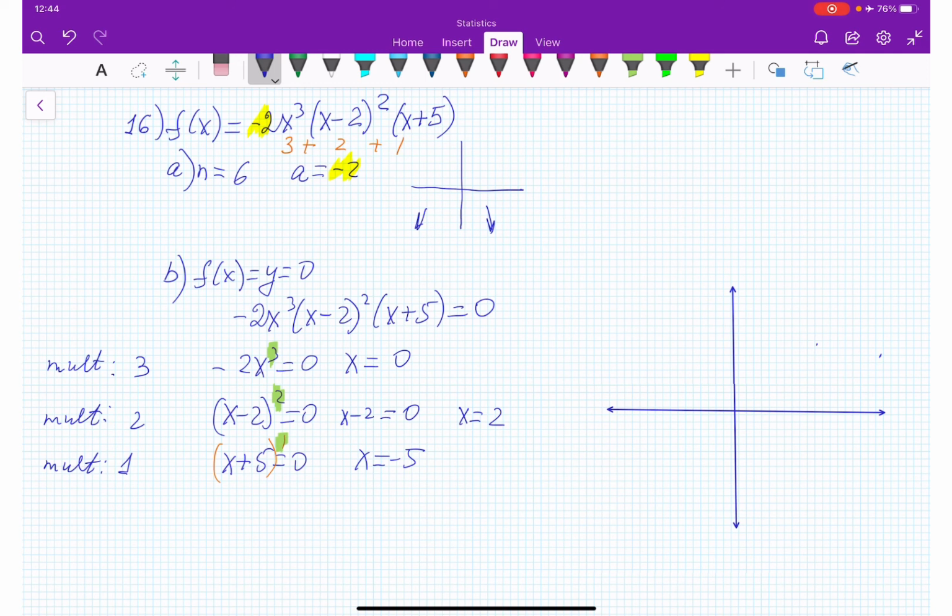Let's start with the furthest one, negative 5. 1, 2, 3, 4, 5, negative 5. Positive 2. And 0. Since at the point of negative 5, we have multiplicity 1 and behavior going down, it's going to cross.